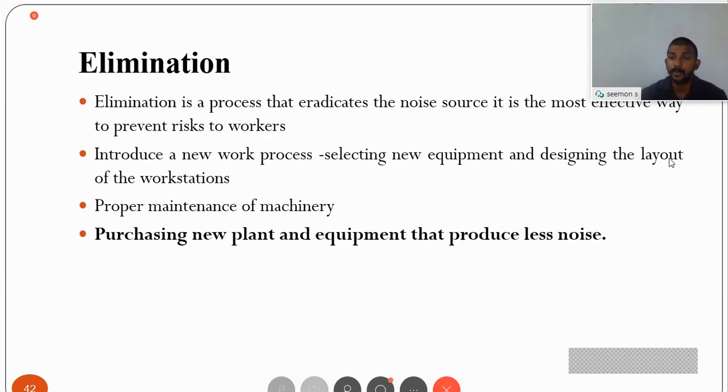Next is selecting new equipment which has less noise, and proper maintenance of the machinery. And purchasing newly planned equipment that produces less noise. That is elimination from the source itself. There should not be any noise when it is working, in the case of an industry.